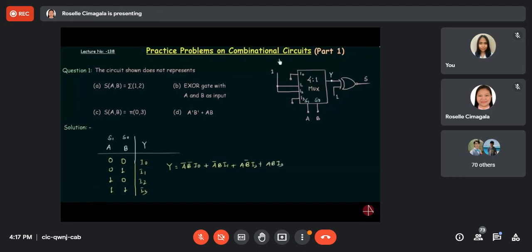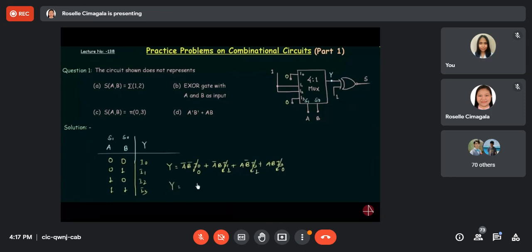Now you can see from the problem that the values of I0, I1, I2 and I3 have already been mentioned. I0 and I3 are 0, and I1 and I2 have the value equal to 1. So I will replace them. I0 is now 0, I1 is 1, I2 is also 1, and I3 is 0.